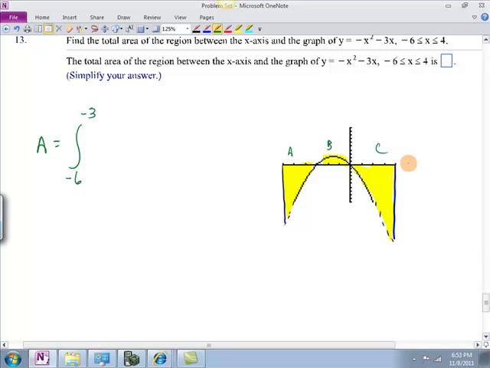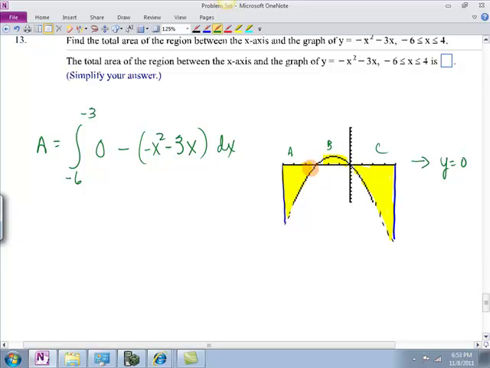We do. This x-axis, what's the name of that function as far as y equals? Okay, so this part is y equals 0. And it's always the top function minus the bottom function. So this would be 0 minus -x squared minus 3x dx. Okay, it's the top. Now what's going to be on the top here?